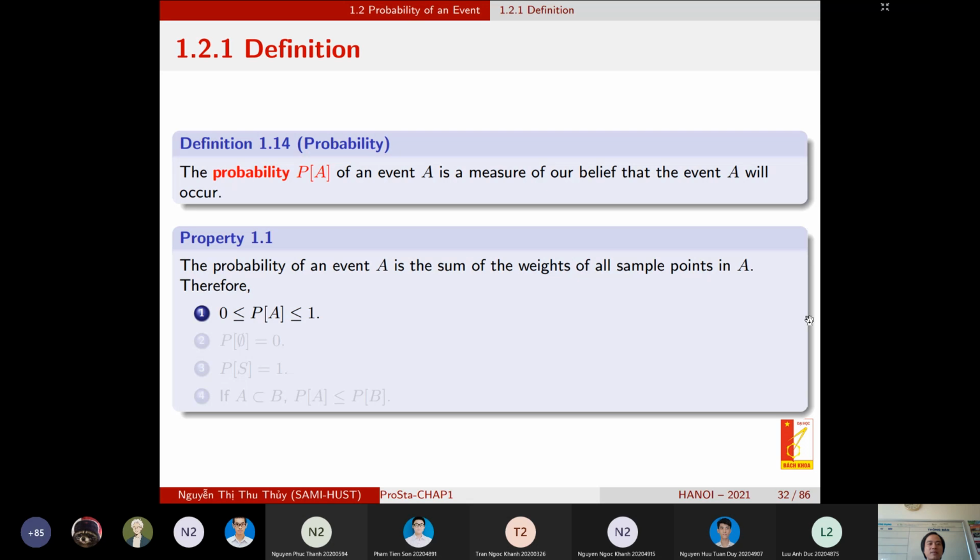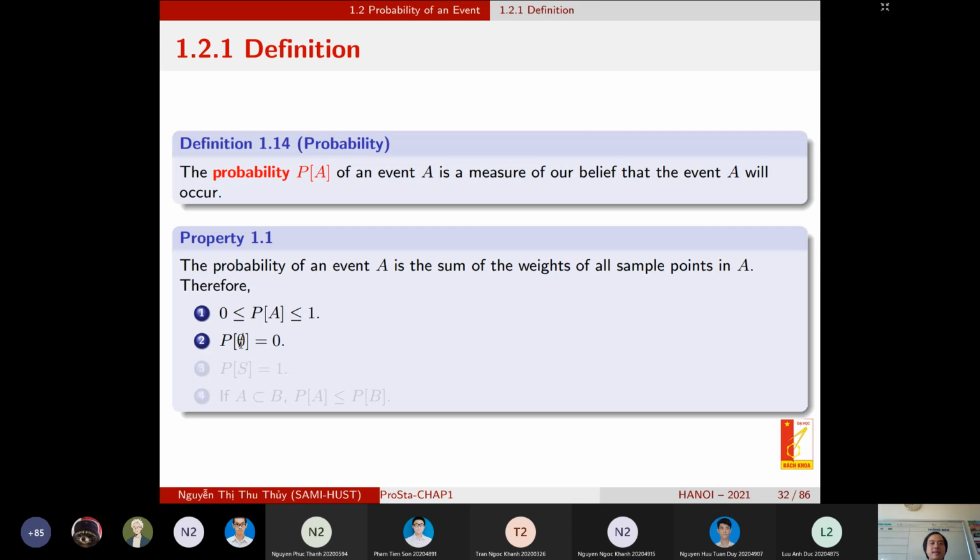The first one is that probability needs to be a number between 0 and 1. Some people ask, why do you need a number from 0 to 1? We can define probability as more than 1, but to make the number more reasonable, we normalize it to a number from 0 to 1.